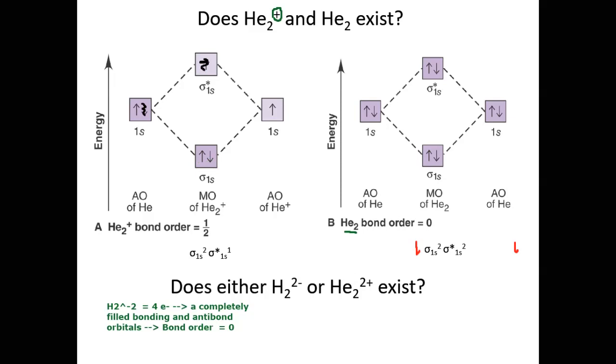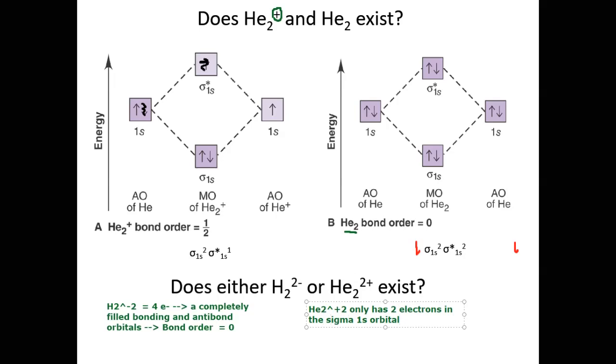So He2 2+ only has 2 electrons in the sigma 1s orbital.